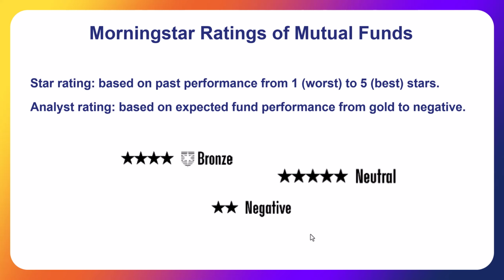So when you go to a screening mechanism, most sites have some type of a screening tool that you can use. You can place that in a tool. Say, do not buy anything that has less than 3 stars. So you're guaranteed to have the upper 60% of the population in that particular category.